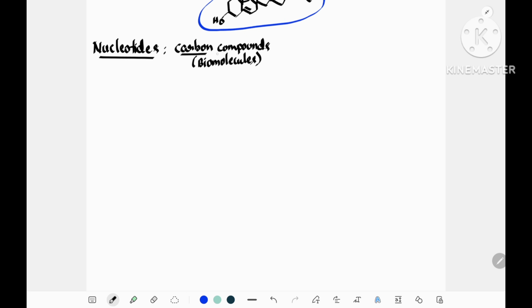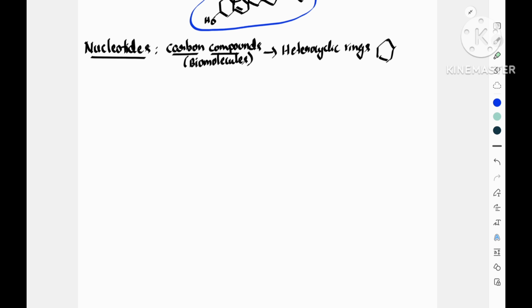They contain heterocyclic rings in their structure, and these heterocyclic ring containing structures are called nitrogenous bases.